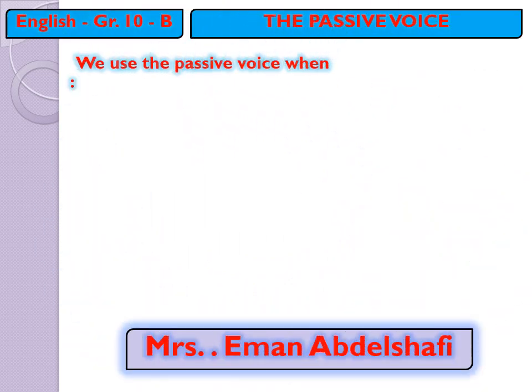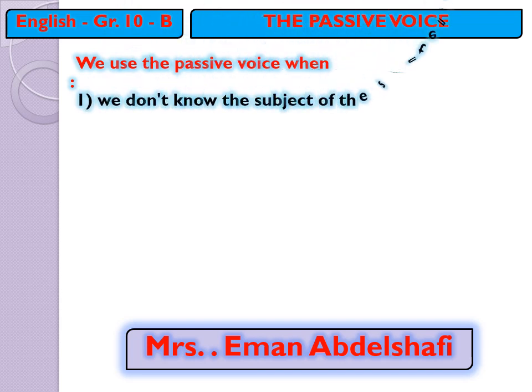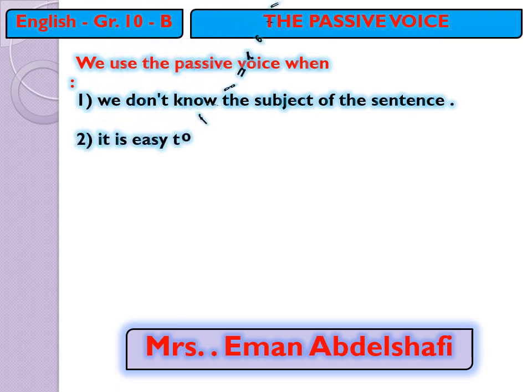We use the passive voice when we don't know the subject of the sentence, the same as in Arabic. Second, when it is easy to figure out who the agent is. The agent is the subject of the active voice. In other words, it is the person who causes or carries out the action.